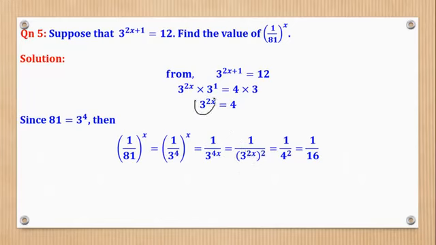Then from there, realize that this is this, so I can replace. Therefore, I'll replace this with 4 to come up with 1 over 4 to the power 2. And 4 to the power 2 is 16, so it is 1 over 16. And that's what they wanted.